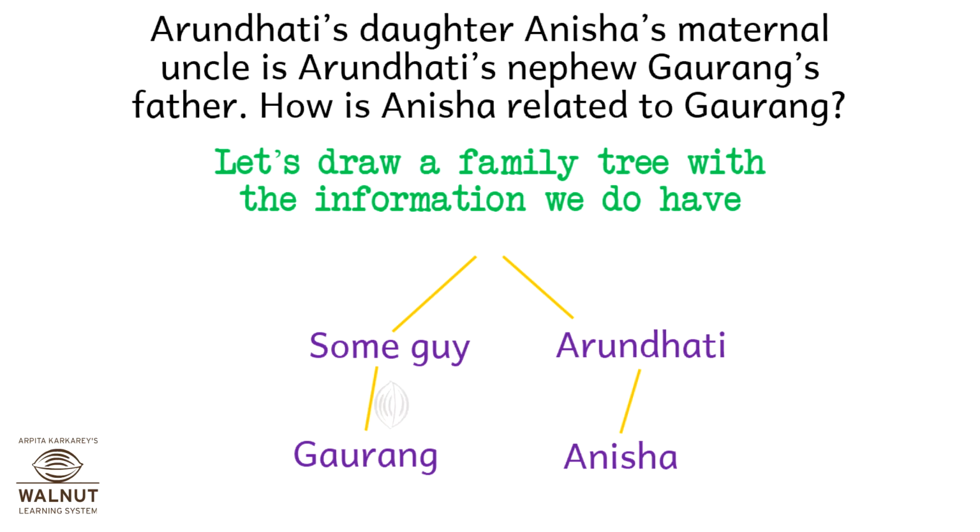Okay, so let's repeat that. Let's see where we are now. We write Arundhati first, and then we draw an arrow below Arundhati to write Anisha. Anisha is Arundhati's daughter. Now we are given that Anisha's maternal uncle is Arundhati's nephew Gaurang's father. What does maternal uncle mean? Maternal uncle is Arundhati's brother, which is Anisha's maternal uncle.